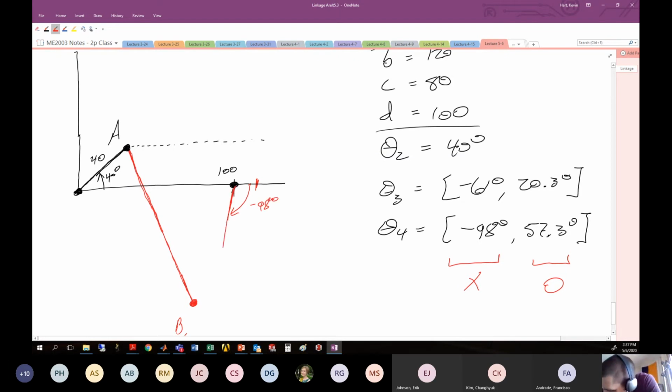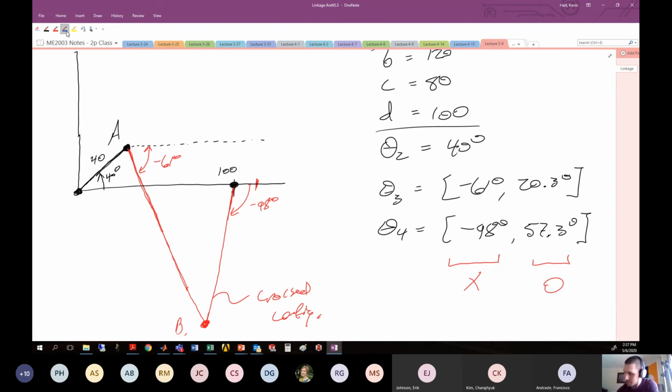If I did things correctly, this should line up with point B. Not quite exactly right, but pretty close. This angle here is theta 3, which is negative 61 degrees. So here is your crossed configuration.